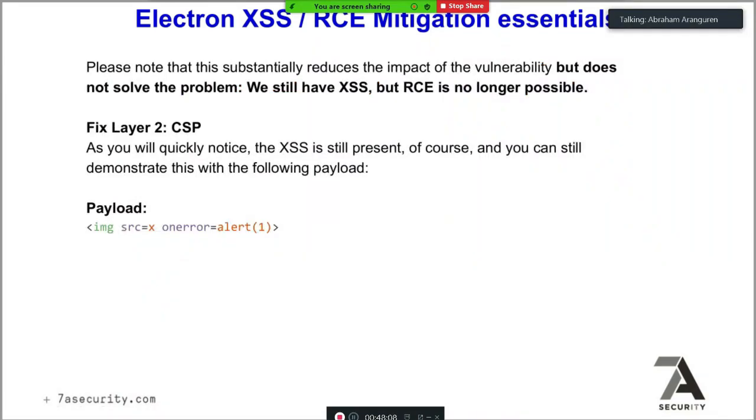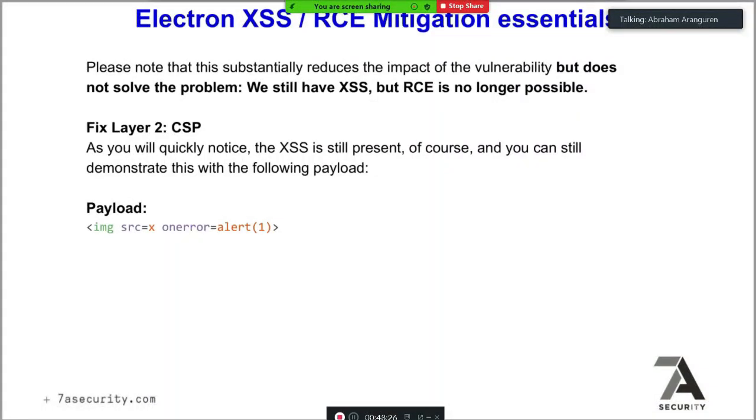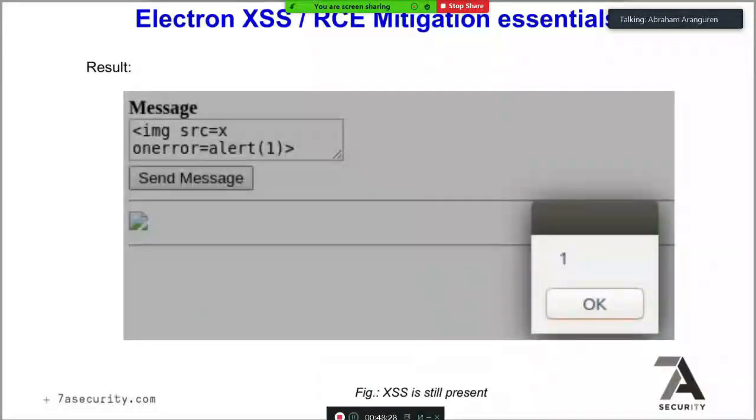Another thing that you can do is to use CSP, right? CSP is going to make exploitation of XSS issues more difficult. We will also try to bypass it in some labs during the course itself, but this is just another layer for you to do this. So you have the image with onerror alert one still working.